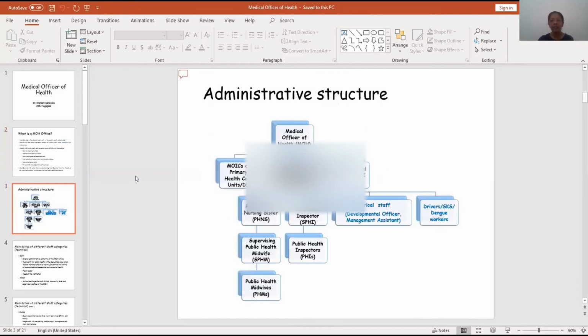If we take the administrative structure, usually one MOH belongs to the provincial health ministry. There is a provincial health secretary in the provincial health ministry, and under him or her there is the provincial director of health services. And there are technical staff as well in the provincial director of health office.